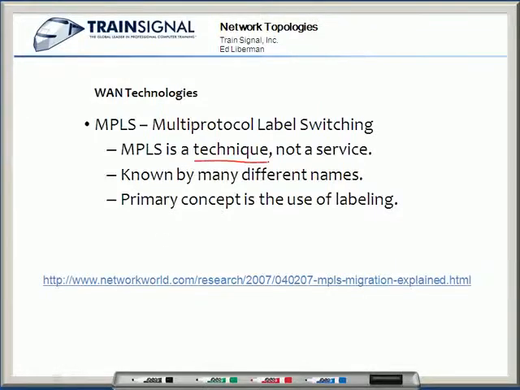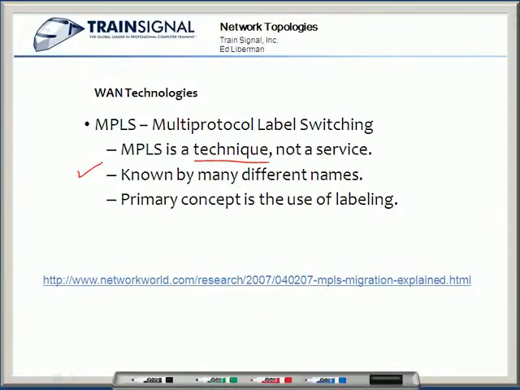It's more of a process of how WAN communication can take place. Because of this, it can be known by many different names. In other words, different carriers are going to implement the MPLS technique, but then assign it some other marketing related name, because MPLS is not an actual technology.